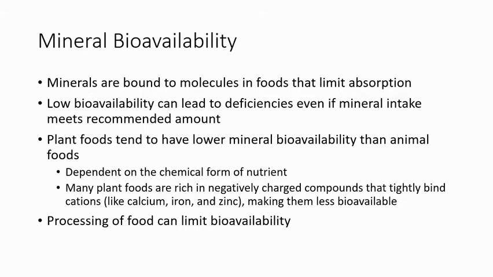And so it's really hard to break those cations, those positive ions, from those negatively charged compounds so our bodies can use them. Processing food can also really limit bioavailability.